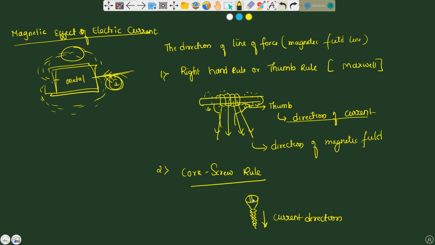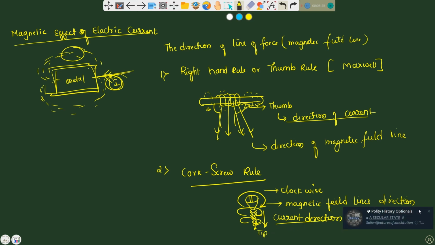When you rotate this in clockwise direction, that gives you the magnetic field lines direction. Understood? The screw tip tells you the current direction, and whenever you rotate this screw, it gives the magnetic field line direction.